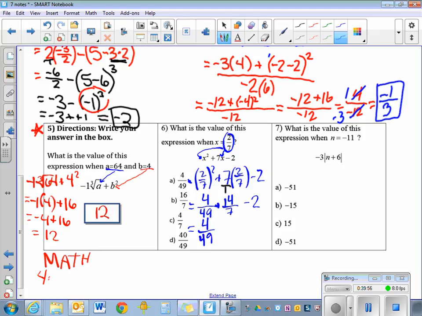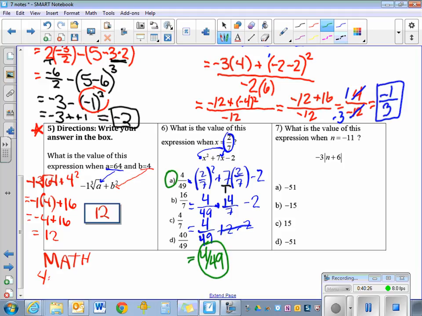What's 14 divided by 7? 2. So plus 2 minus 2. What does positive 2 and negative 2 do to each other? Yeah, they cancel each other out. So if I have $2 and then you take $2 away from me, I have $0. So those get canceled out. And I have then just 4/49 as my answer, which is letter A. Anybody get that one? Raise your hand if you got that. Good.